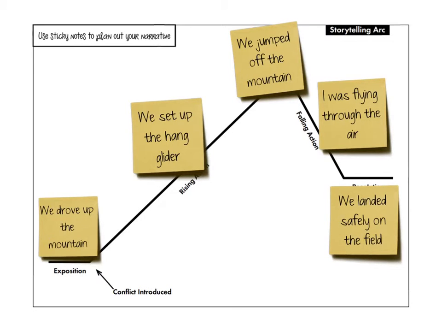Now notice, I could write this up and do one sentence for each thing and have a paragraph and be done. But would that be a really good show, not tell? No. Remember that when we looked at the example of show, not tell, it took a telling sentence, which was just one sentence, and turned it into a paragraph. I could actually write a paragraph about each of these Post-its.